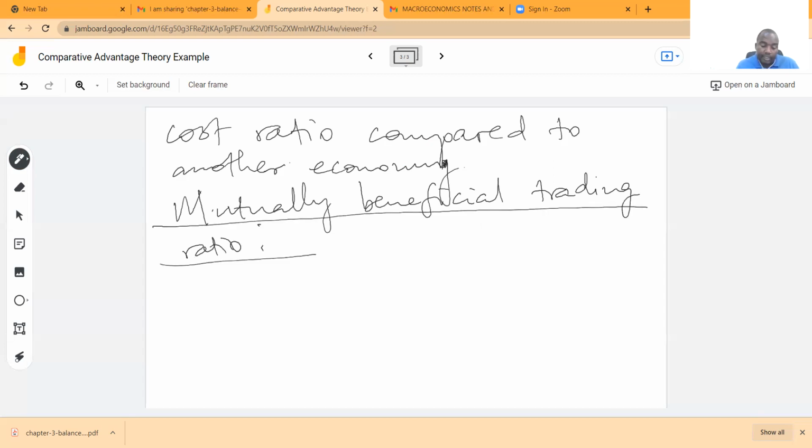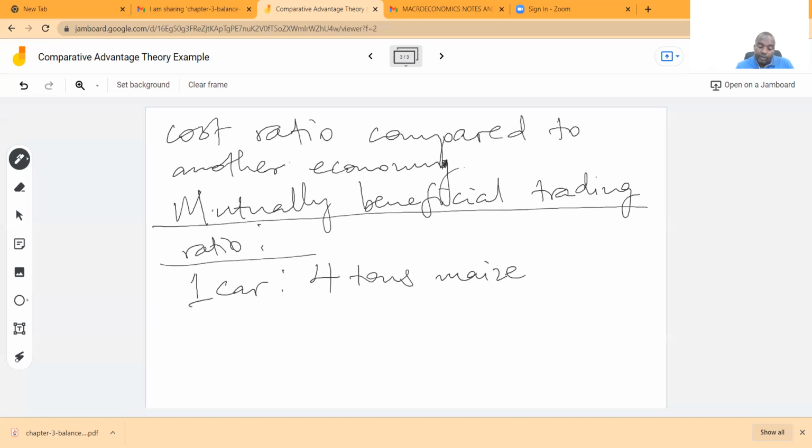We can do trial and error, or straight away we can go to calculations, which makes our life very easy. So we can ask, is the mutually beneficial trading ratio 1 car is to 4 tons of maize?